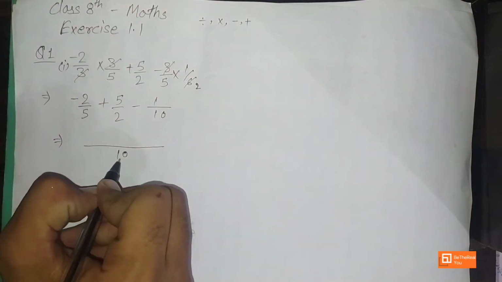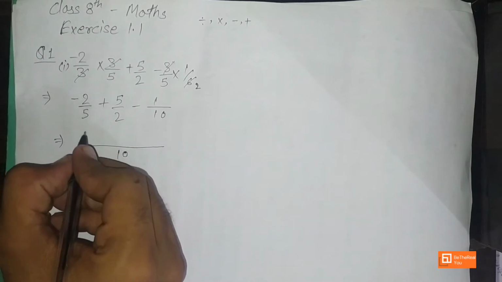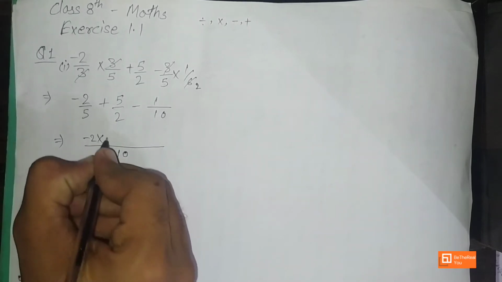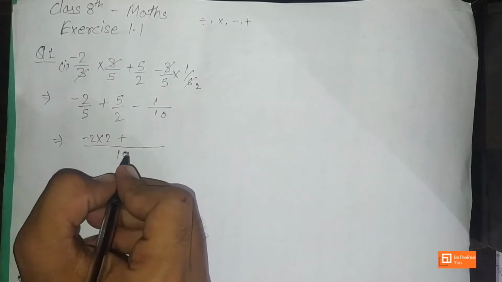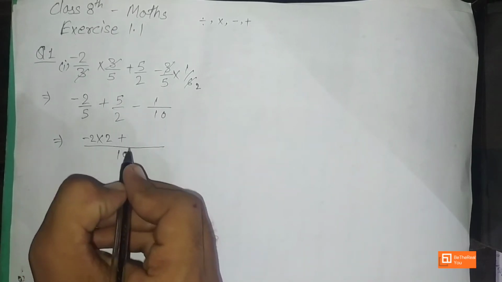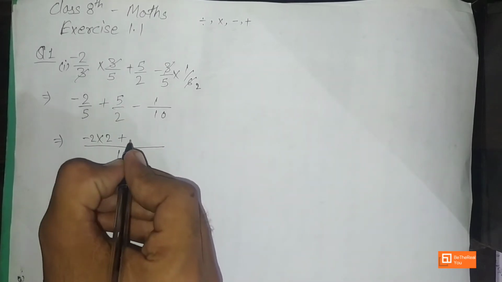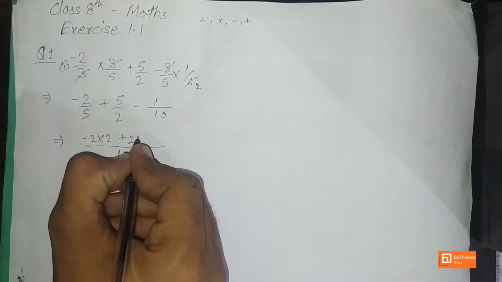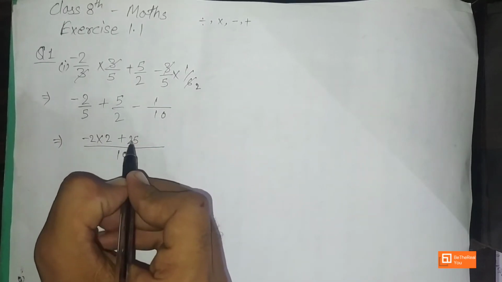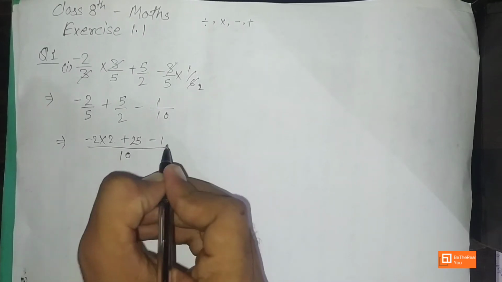If we divide 10 by 5, 5 twos are 10, minus 2 multiplied with 2. After that, 2 fives are 10. It will be 25 because 5 multiplied with this 5 will be 25, minus 1 only.